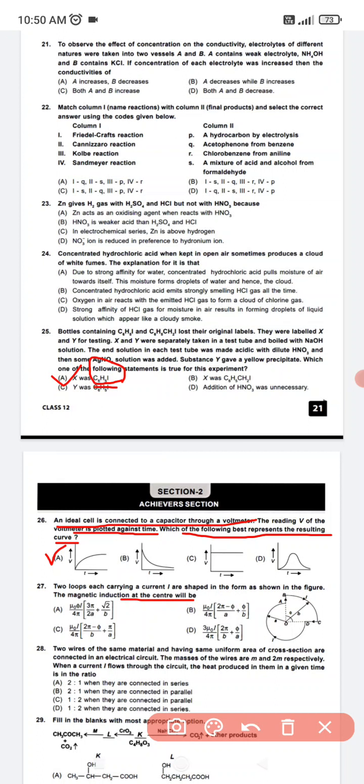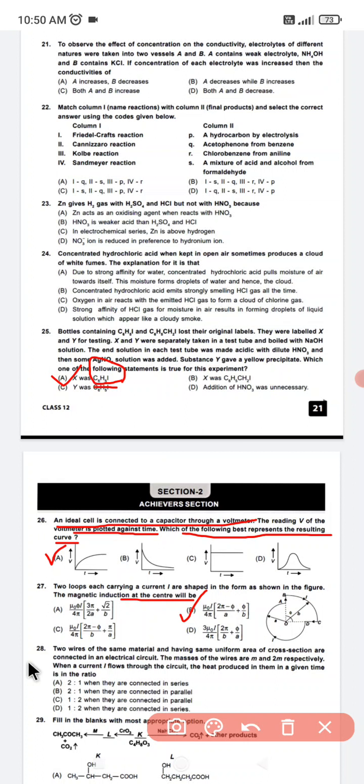Which one do you think is the correct answer option? In this question 27, the correct answer option is B.